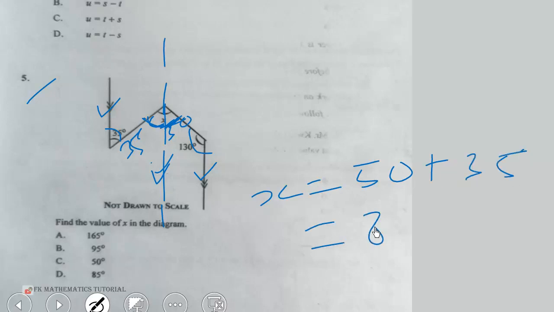So this and this are alternate angles. Then this one and this one are co-interior angles. So x will be equal to 50 plus 35 degrees. That will give us 85 degrees.